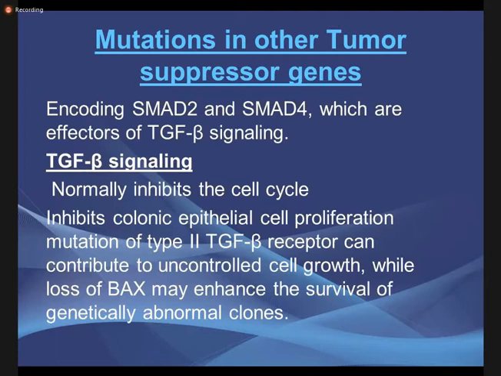So when there is a mutation in the transforming growth factor beta receptor, it can contribute to uncontrolled cell growth. And the loss of BAX, which is a pro-apoptotic gene, may also enhance the survival of genetically abnormal clones which have a mutation. So these are the accumulation of mutations in the causation of colorectal cancers.